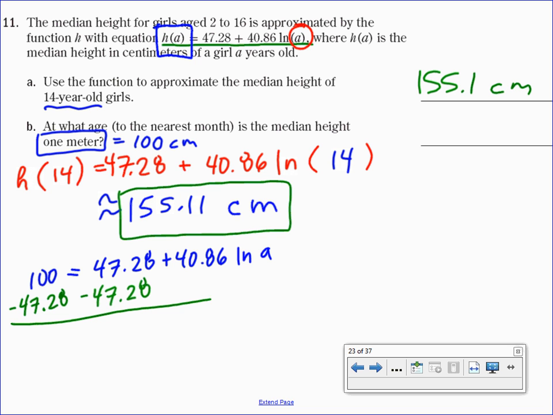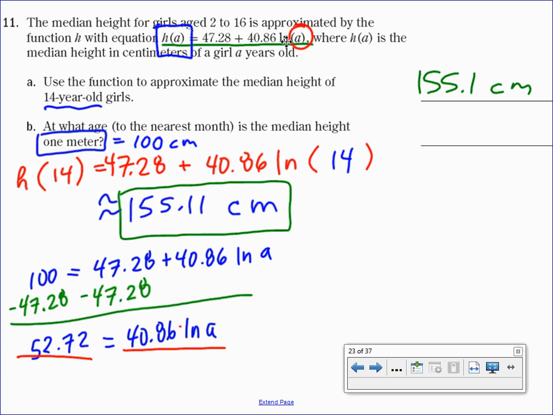Guys, go ahead and help me out with the decimals here. When I subtract that 47.28, I get 52.72 equals 40.86 times natural log of A. And now we're not alone yet. We need to undo this multiplication. So what operation undoes multiplication?